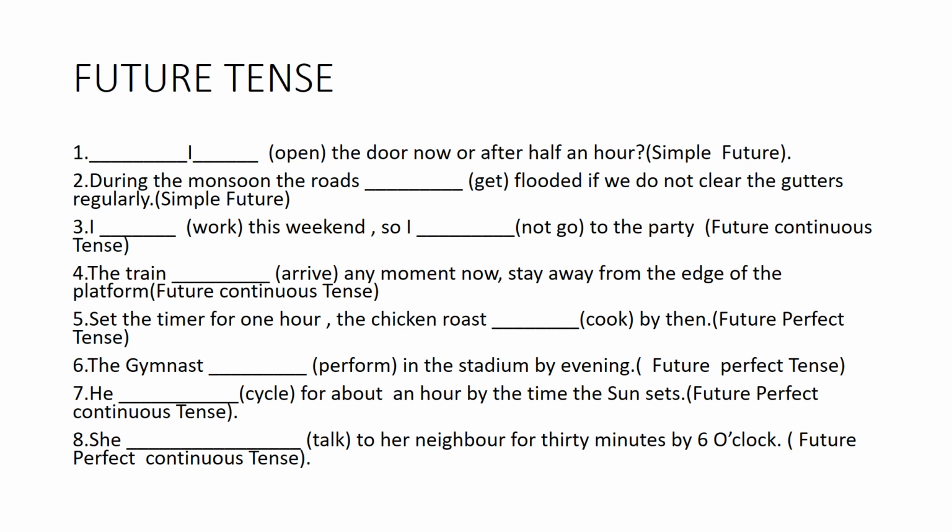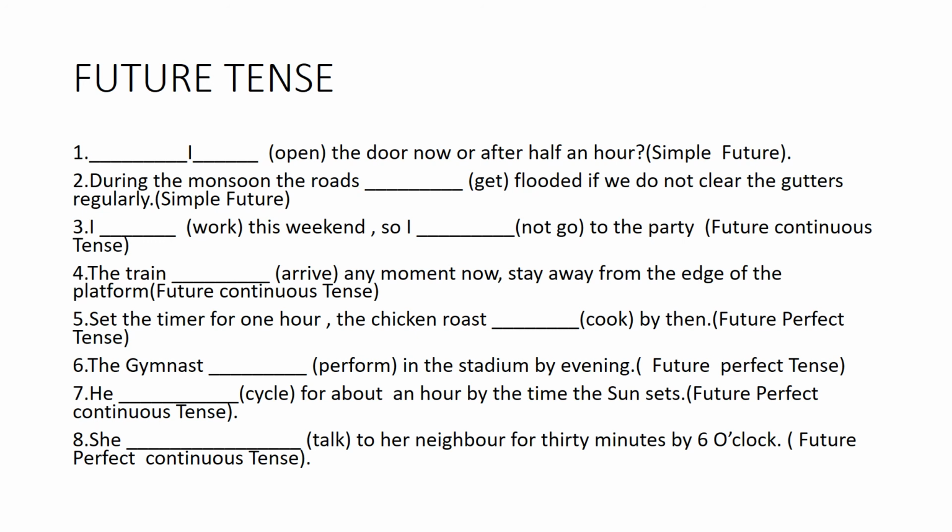The subject is I, so we are using shall be working this weekend, so I shall not be going to the party. The fourth example: the train will be arriving any moment now, stay away from the edge of the platform.